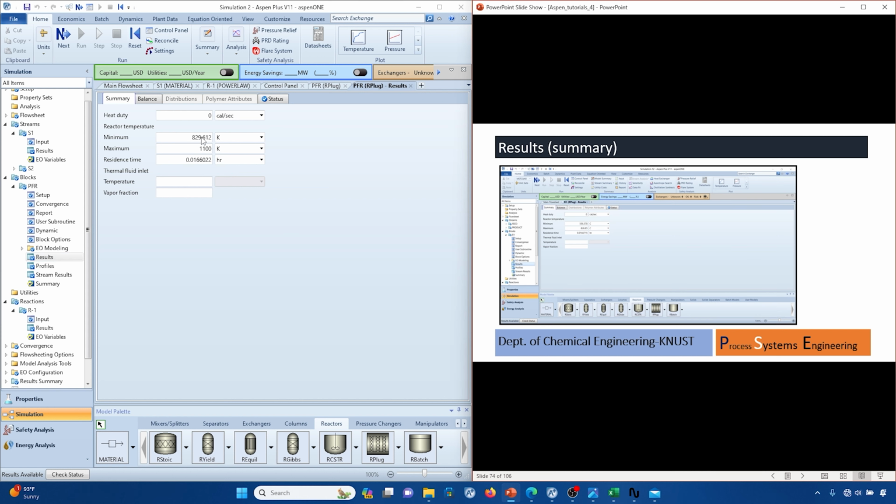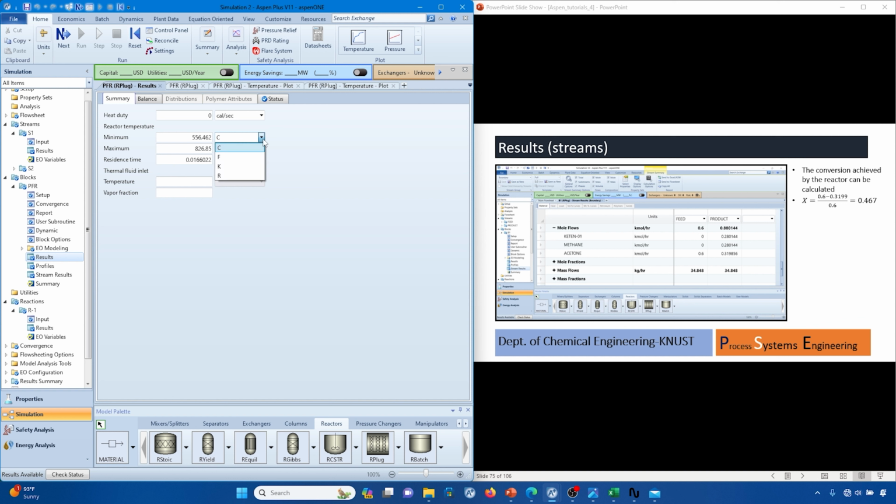With the results, we're able to see that there are temperature profiles instead of a constant temperature along the length of the reactor. The temperature drops due to the endothermic nature of the reaction.